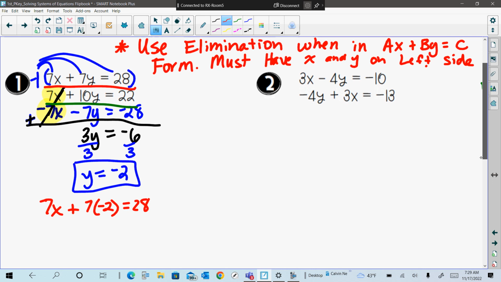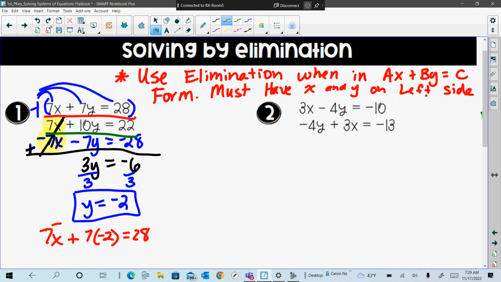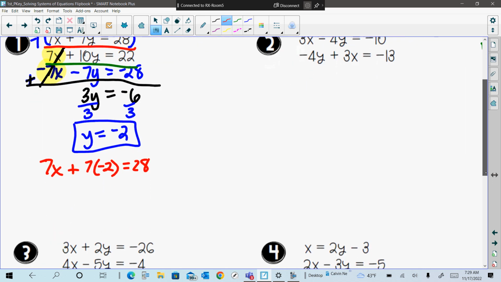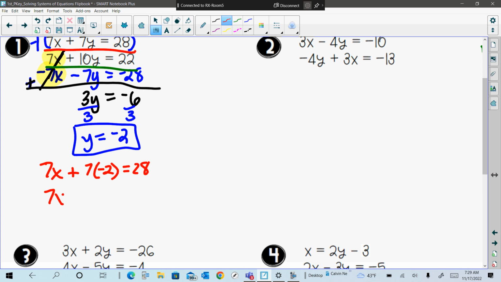So really, I really end up with 7x minus 14 equals 28. And now I'm solving for x. So I just have to add that 14 on both sides of the equal sign. I'm just going to come over to the side here.